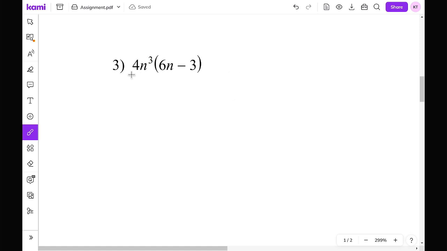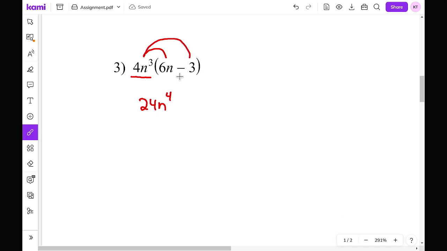So I'm going to take this 4n cubed, multiply that by 6n. So that would give me 24n to the power of 4, because again, exponent rules. And then 4n cubed times negative 3 this time would give me a negative 12n cubed.